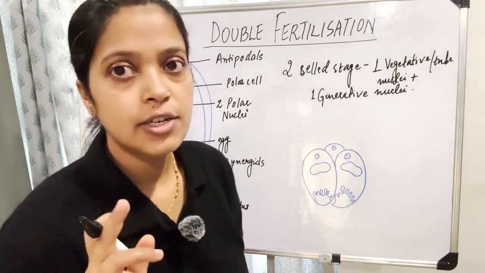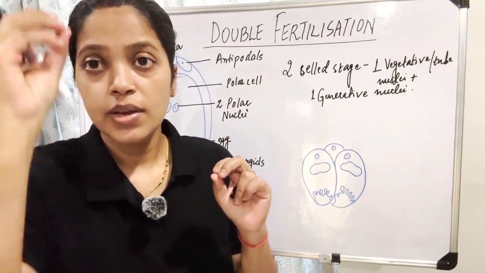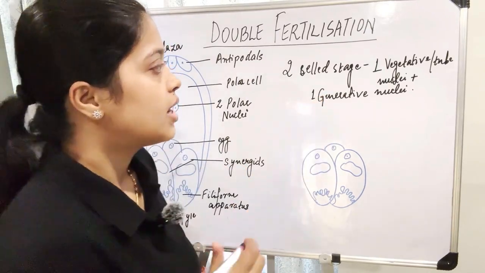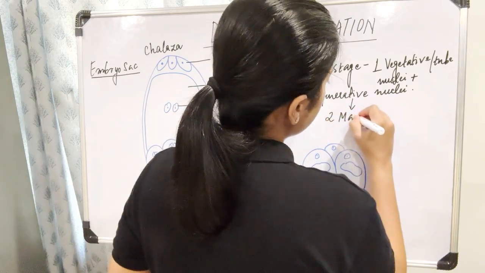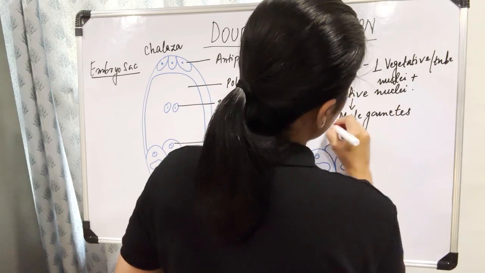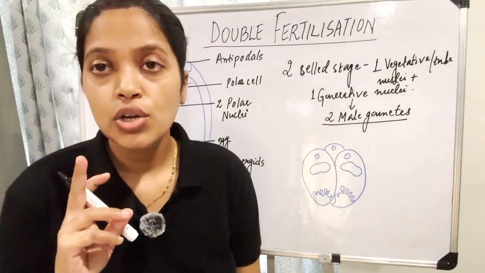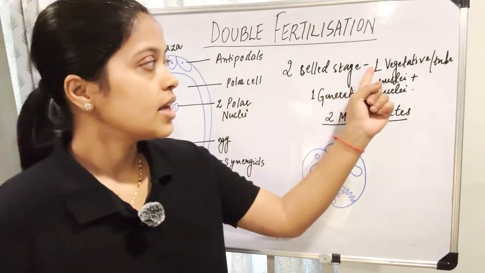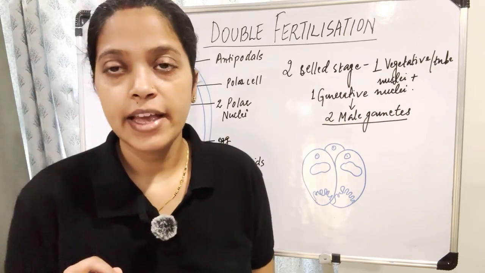In the pollen pistil interaction, I told you that when the pollen tube is in the style, the generative cell divides and forms two male gametes. This happens when the pollen grain is shed at the 2-cell stage, and if it is shed at the 3-cell stage, there is already one vegetative nucleus and two male gametes.